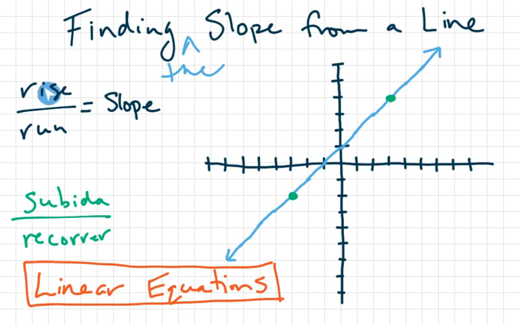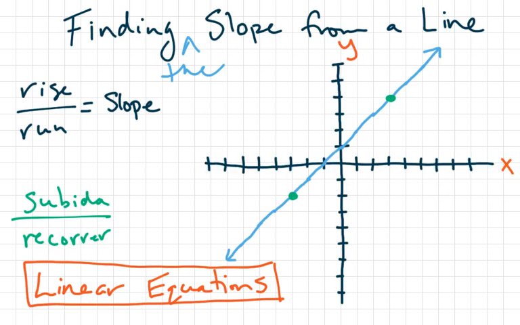Now, rise and run. Remember that this is X and this is Y. Your rise is your Y value, how much up or down it goes, and the run is your X value, how much over left or right it goes.